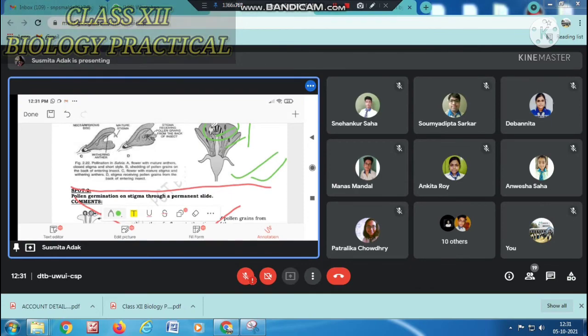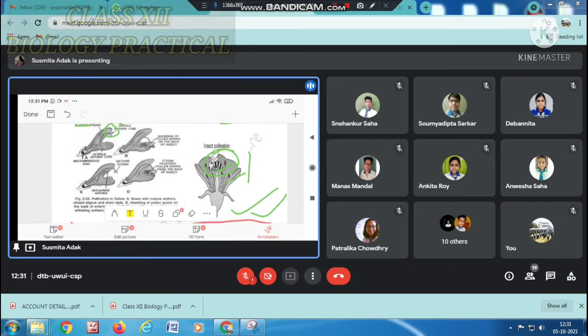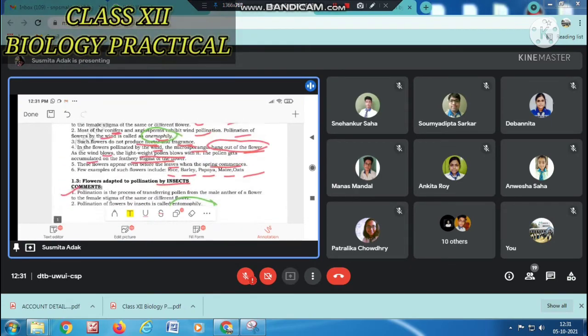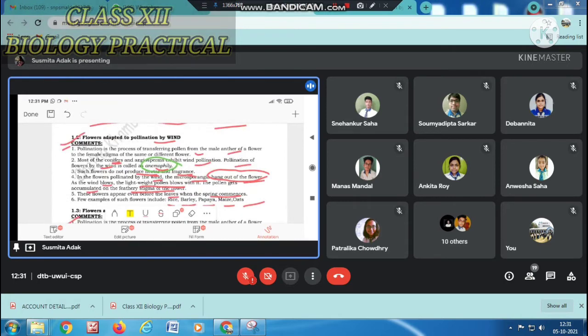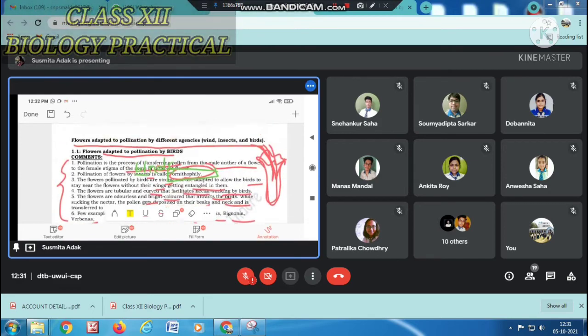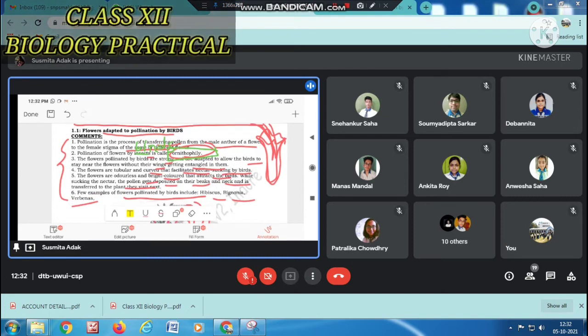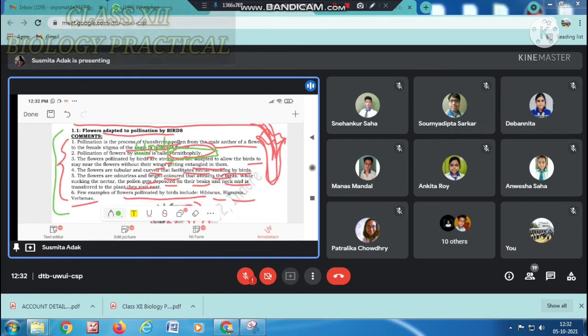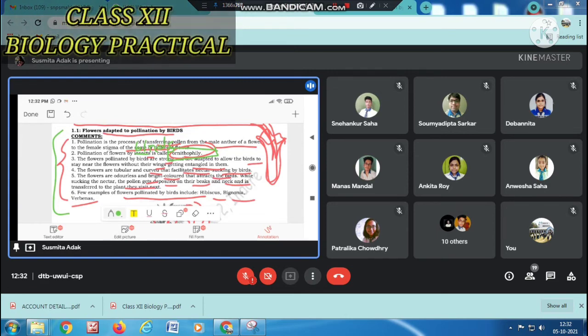Okay, and you have to draw the pictures. The characteristics you will write on the ruled side, and the pictures you will draw on the white page. Remember it, everyone. You have to write the comments portion, meaning the characteristics portion, on the ruled page, and on the white page beside these comments you have to draw the picture.